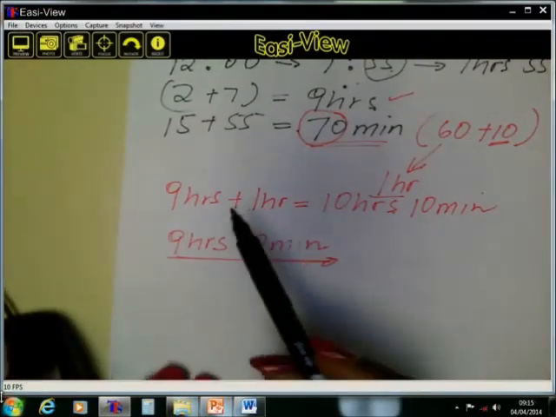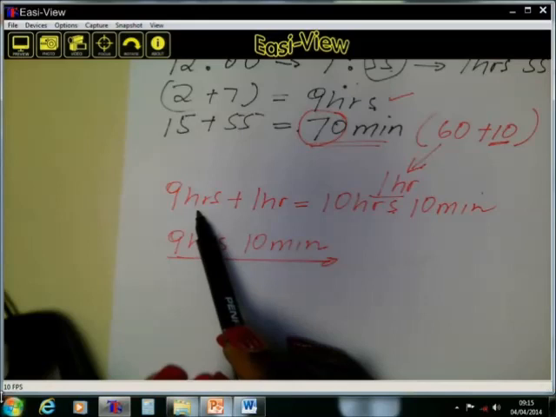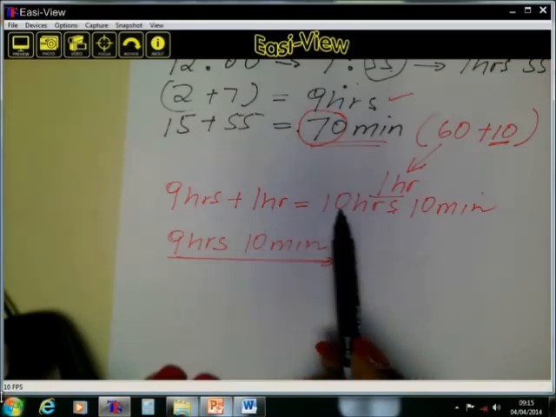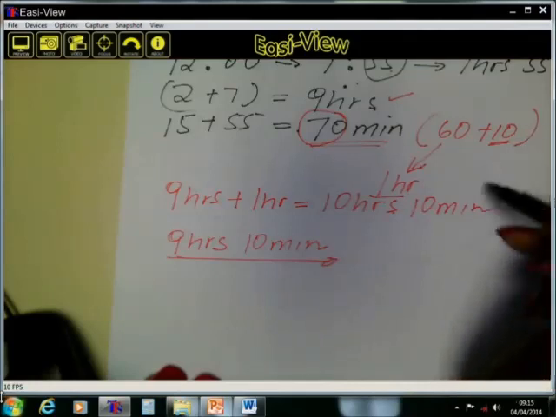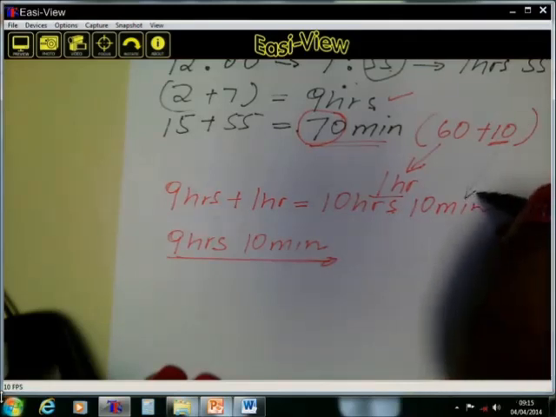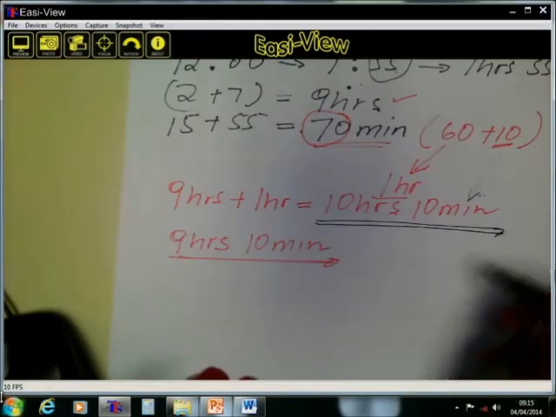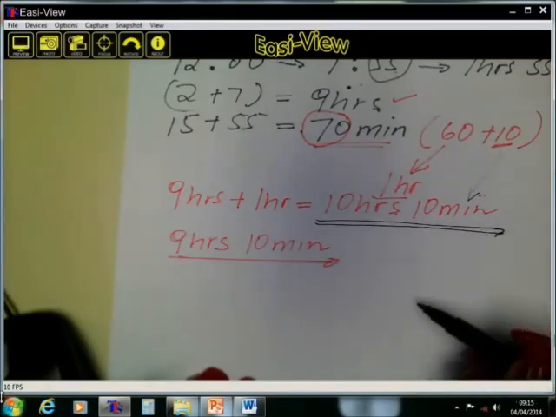If you look at this, I said 9 hours plus 1 hour is equal to 10 hours, and then I brought that 10 minutes down. So it's the same as the answer that is on the presentation, which is 10 hours, 10 minutes.